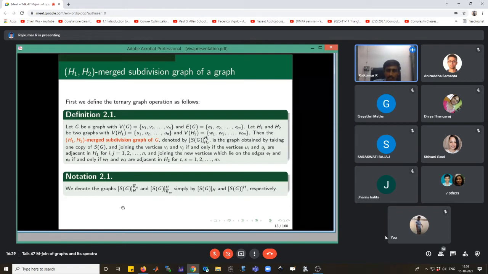Of course, we note the special case when the first graph H1 is a totally disconnected graph, and the second graph is also totally disconnected. These two graphs we simply denote by S_G(H) and S^G(H) respectively.